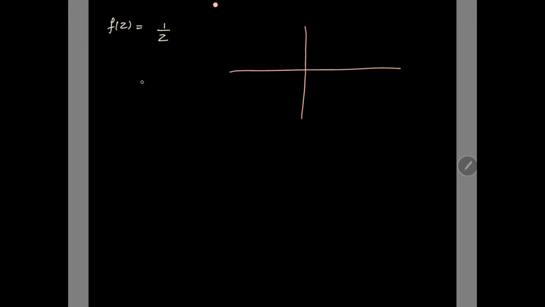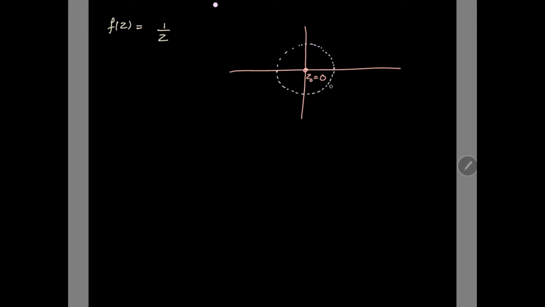If I write 1 over z minus 1, then this function is not analytic at z equal to 1. So I take this origin. The function is not analytic at this origin. So I must draw a circle. Suppose I have drawn a circle having any radius.